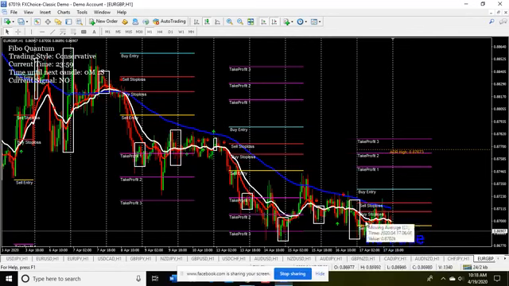So we didn't take that trade, and that trade really didn't go anywhere. It's just been kind of chopping along right in that area there. But if we scroll back here, what we're going to see is a trade that we could have taken was right here. And we added this particular pair to the chart scan later in the week, so we really didn't take any trades on this pair. But right here, we get the sell entry, right?